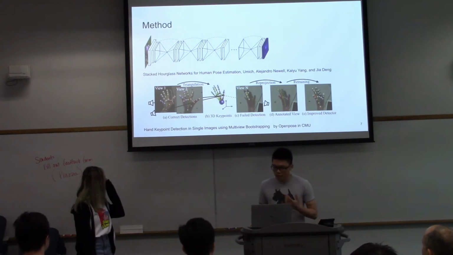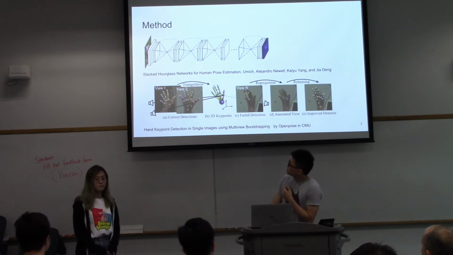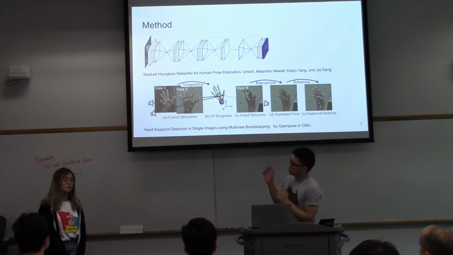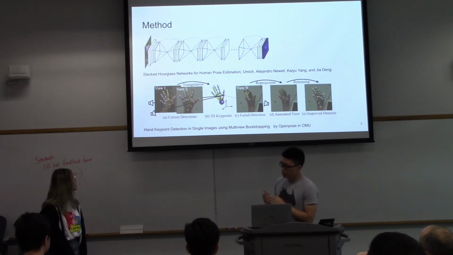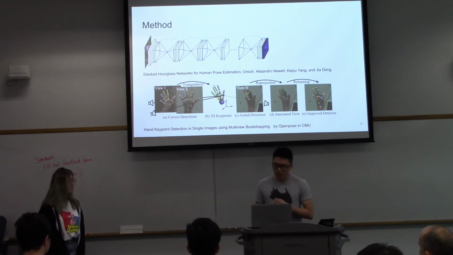The keypoint detector we use here is the hourglass network. It's a stack of several hourglass networks. Basically, this whole network has a downsample ratio of 4. So if the image size is 224, it's divided by 4 in the output map.